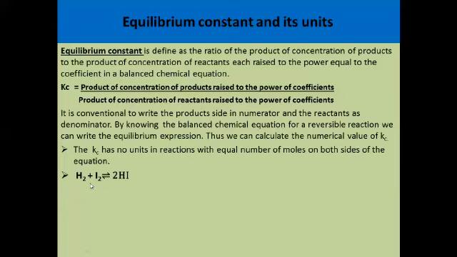How many moles are at the reactant side? 1 plus 1, 2 moles. How many moles are at the product side? 2 moles. So 2 moles of reactants give 2 moles of product. In this reaction, the number of moles of reactants and products are the same. So the Kc has no unit.